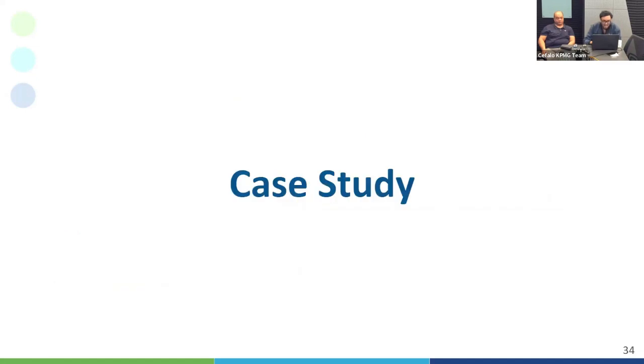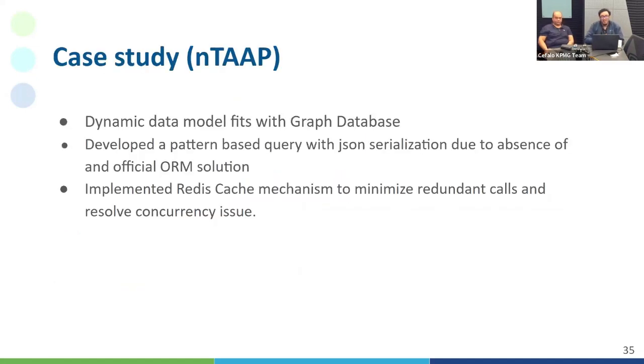I'm very close to finishing, so I will just give a short note about our project skills. When our client decided to go with the graph, it was because our domain model was dynamic and we had no clear definition of our domain. That's why we used the graph database.